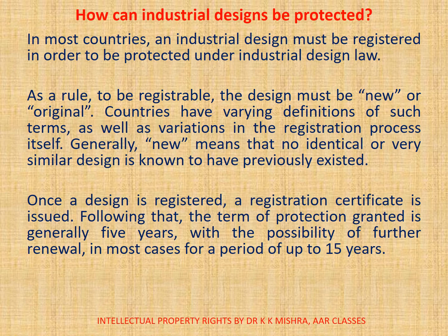Generally, new means that no identical or very similar design is known to have previously existed. Once a design is registered, a registration certificate is issued. Following that, the term of protection granted is generally 5 years with the possibility of further renewal in most cases for a period of up to 15 years.